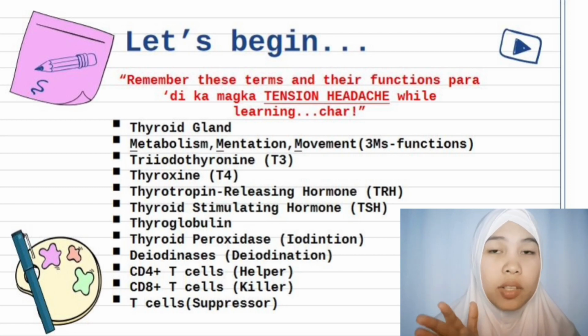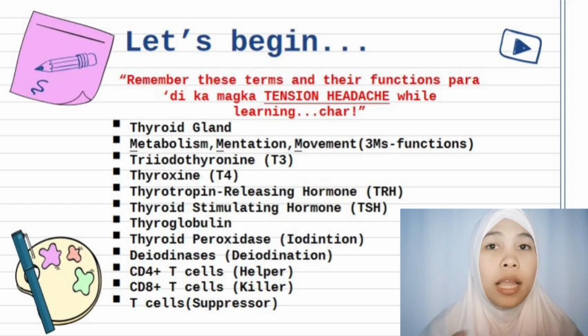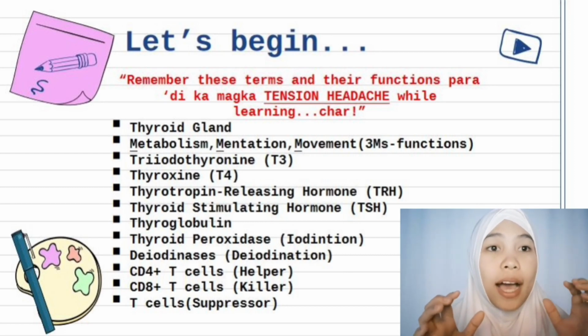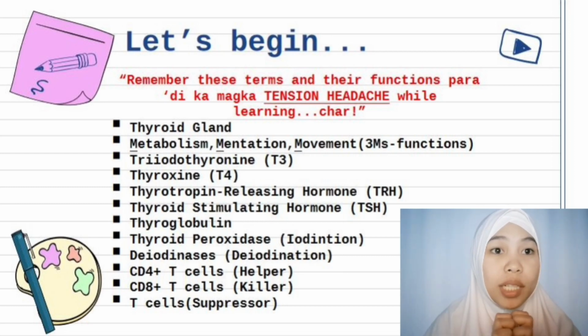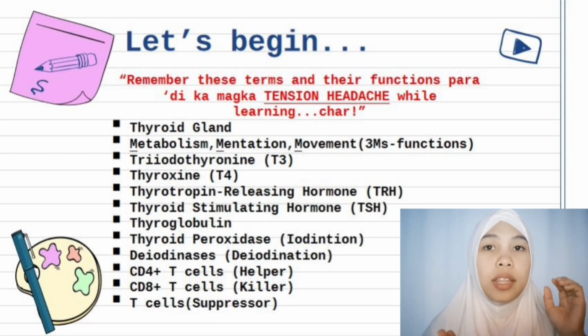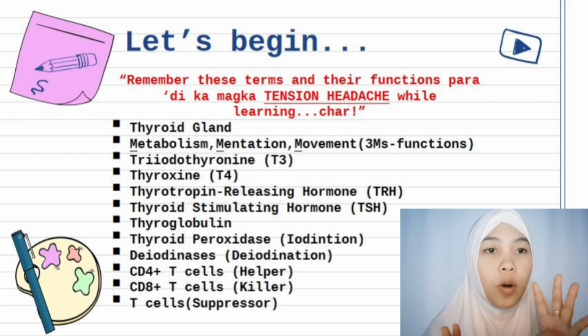What it does is, the thyroid peroxidase is an enzyme, so it binds the thyroglobulin, which is a protein, with the iodine to make what? To make T4. So before we can get T4, we need thyroglobulin, which consists of tyrosine, and also 4 iodine, to make T4, which is thyroxine.